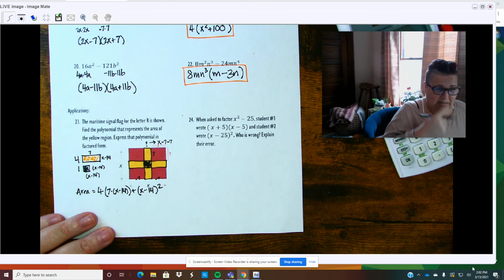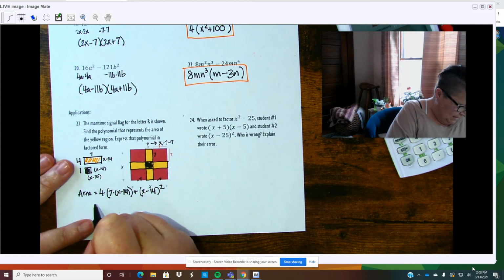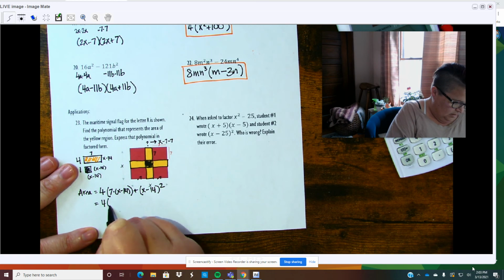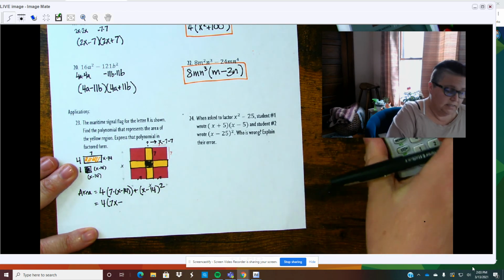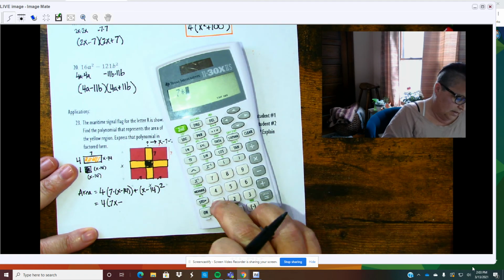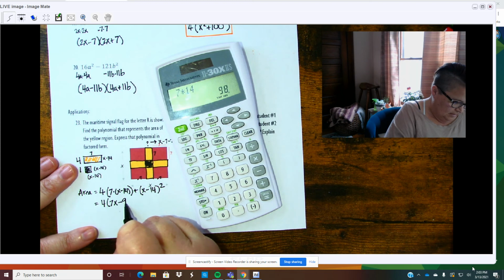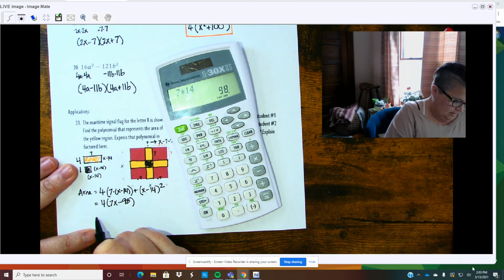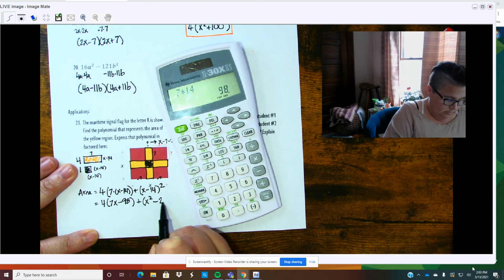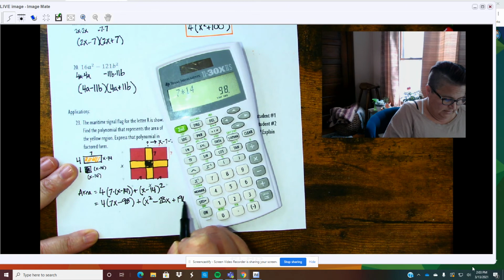Oh, okay. All right, so what am I going to get? I'm going to have 4 times 7x minus, yikes, 7 times 14 is 98, plus x minus 14 squared is going to be x squared minus 28x plus 196.